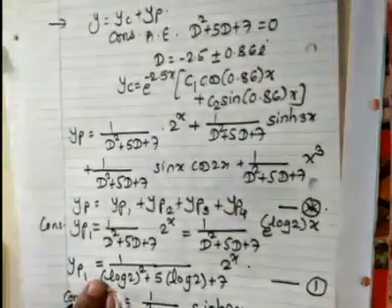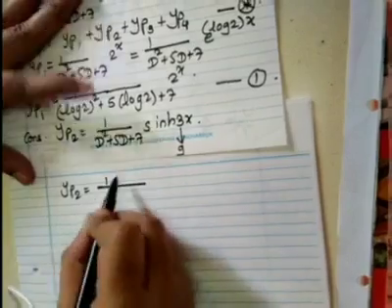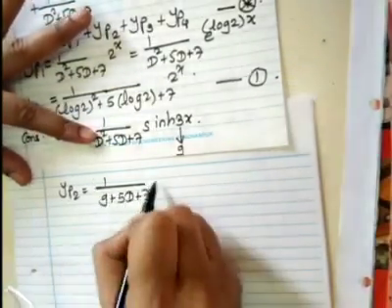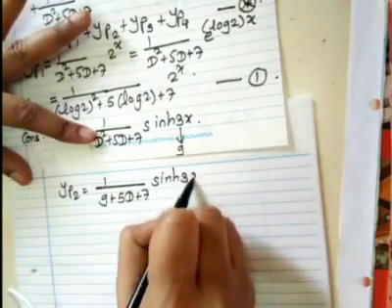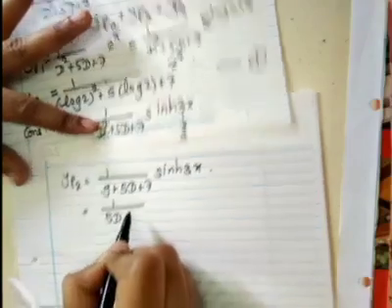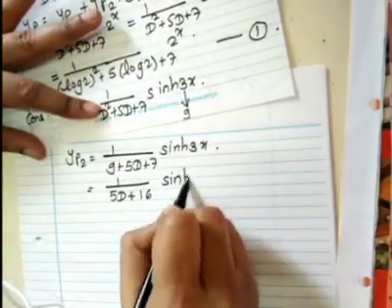So what we do here is d square in the denominator we should replace by 9. So yp2 is 1 upon 9 plus 5d plus 7 into sine hyperbolic 3x. That is, we get 5d plus how much is it? 9 plus 7, 16 into sine hyperbolic 3x.